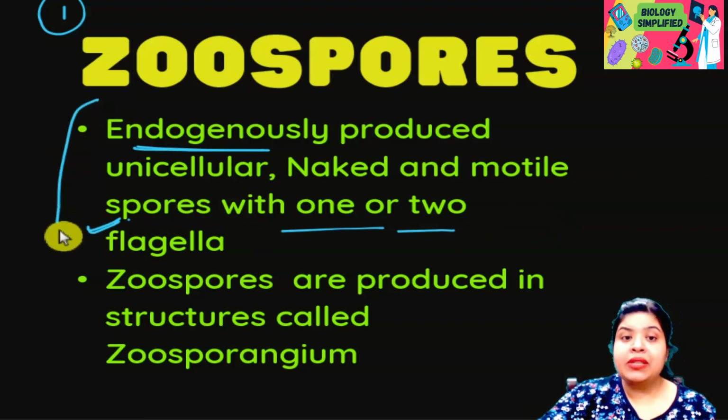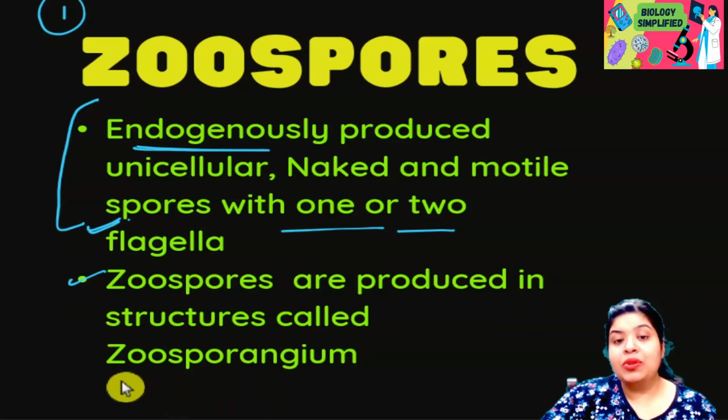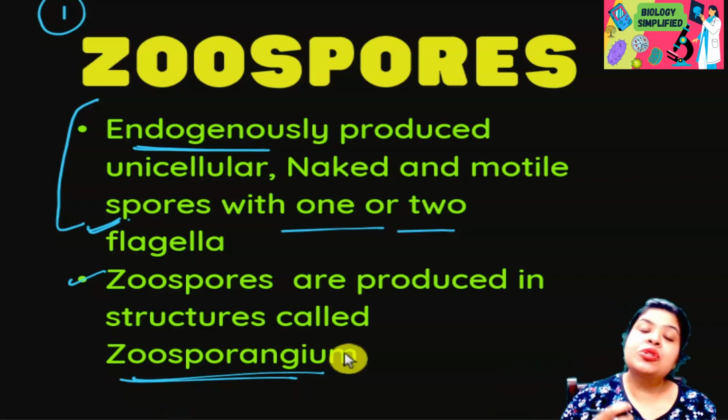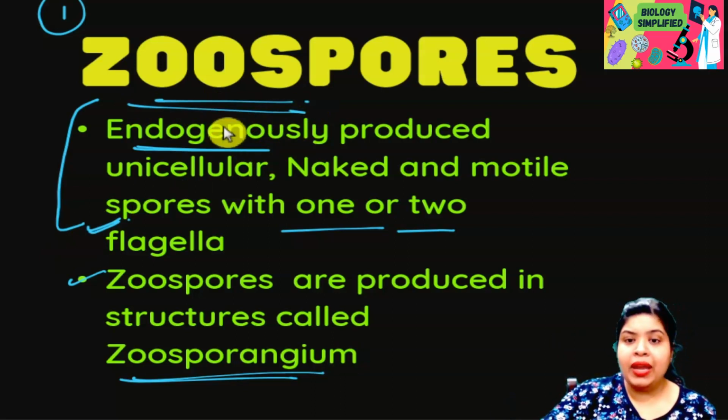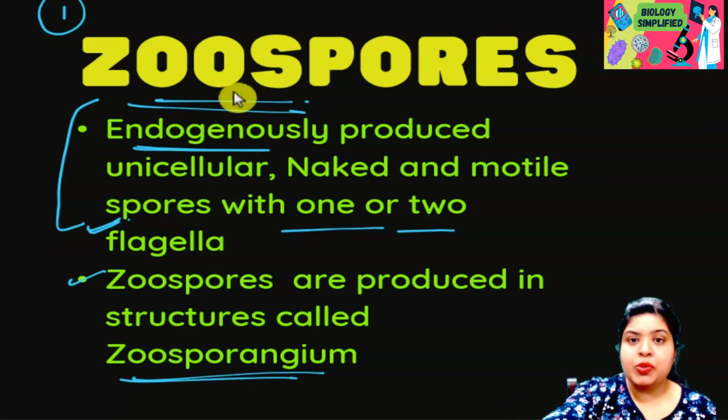Secondly, zoospores are produced in special structures called zoosporangium, and only in those structures will zoospores be produced. So this was the first spore produced in asexual reproduction.